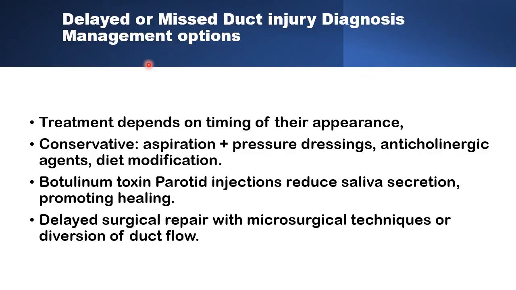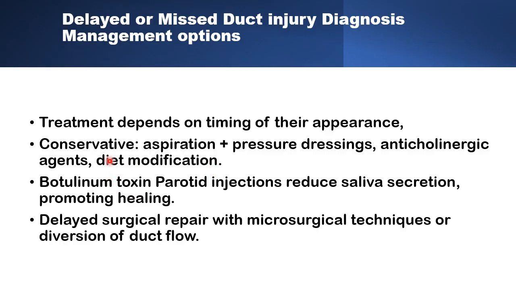What are the management options? Conservative management is usually undertaken first, and most of the cases would settle with conservative management of aspiration, sometimes repeated, and pressure dressings, and helped with anticholinergic agents like hyoscine patches and modification of the diet to reduce salivary output.